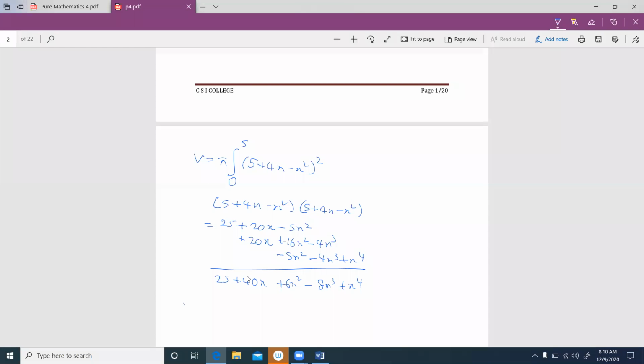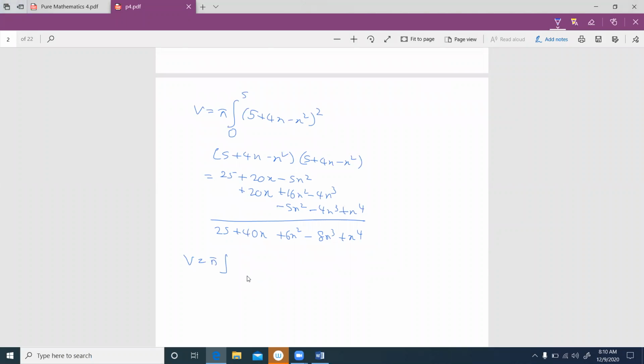Okay, so you can find the volume is integration from 0 to 5, 25 plus 40x plus 6x squared minus, sorry, this is 8x cubed plus x to the power 4, right?